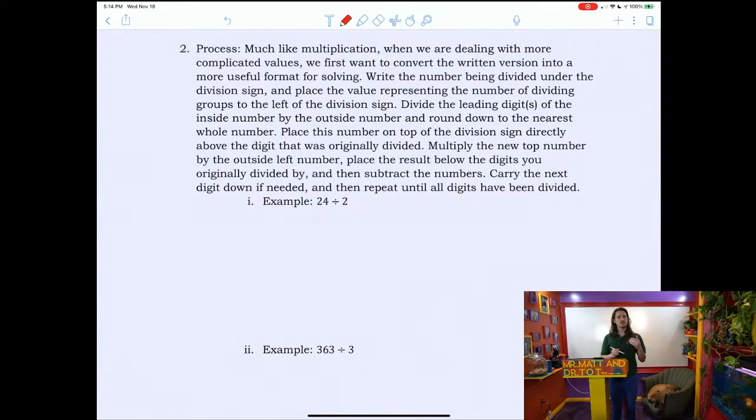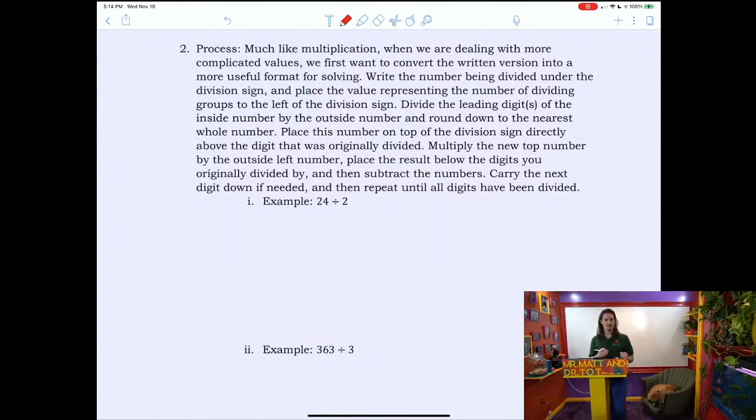But division also has a separate process other than the visualization and memorization of the 1-digit quotients that are helpful to memorize. So knowing that 8 divided by 4 is 2, and 9 divided by 3 is 3, those are things you're going to become more familiar with as you see them over and over again, and they will become committed to memory.